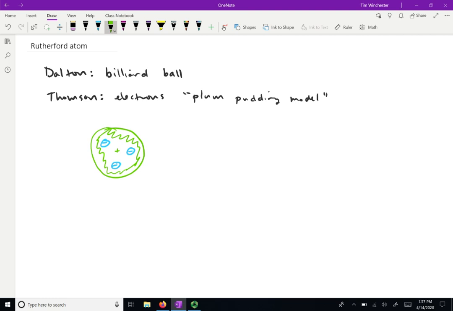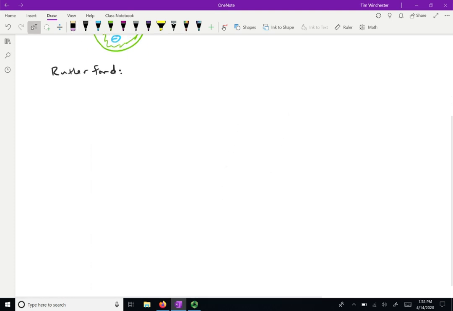Okay, so this was the model for a few years, and then next came Rutherford. This is the experiment I really wanted to talk about this time. The experiment that Rutherford did looked like the following.